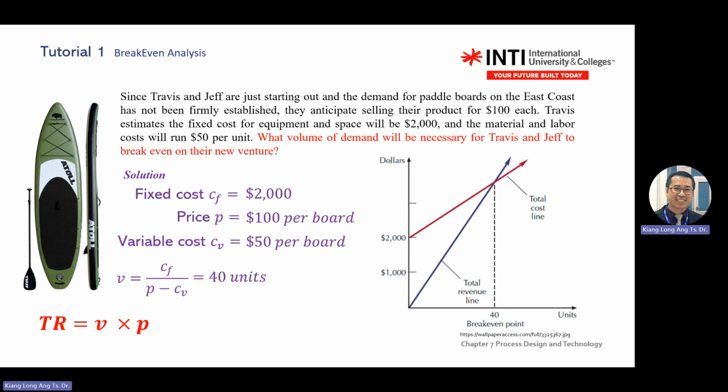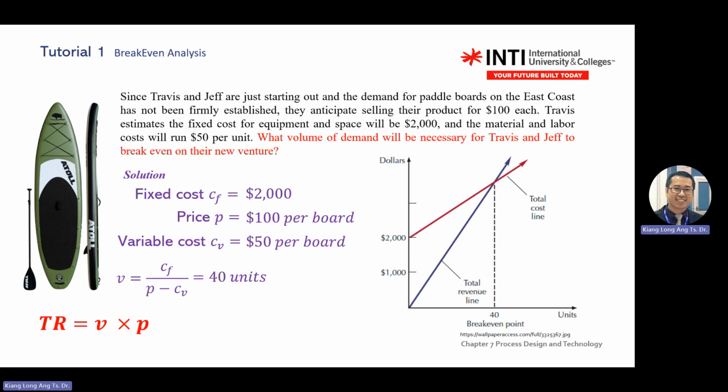TR also. TR is V times P. So this is Y equal to mx plus c, where c is 0 for TR. TR and TC both are linear lines, right? So you can plot these two lines on the graph.